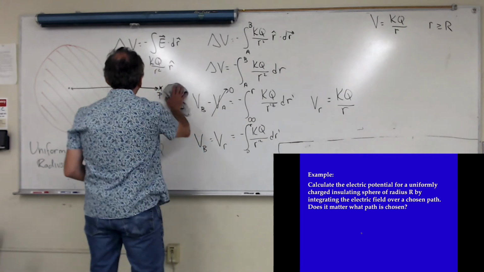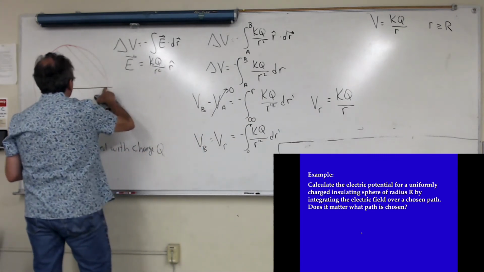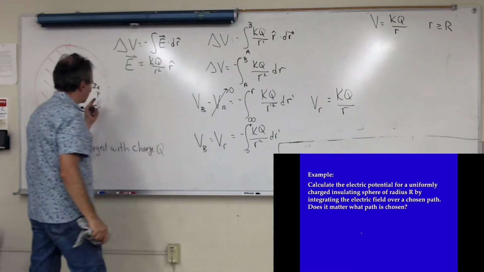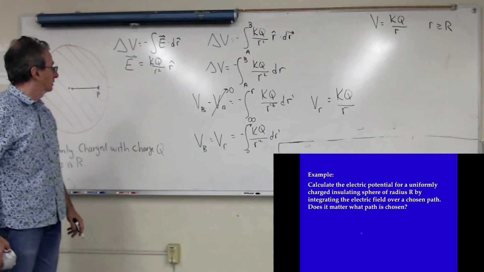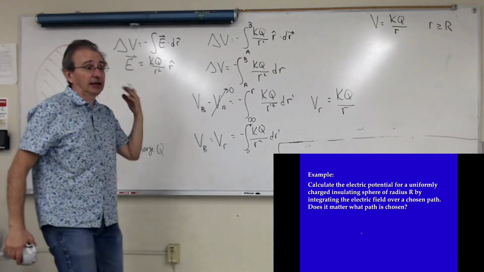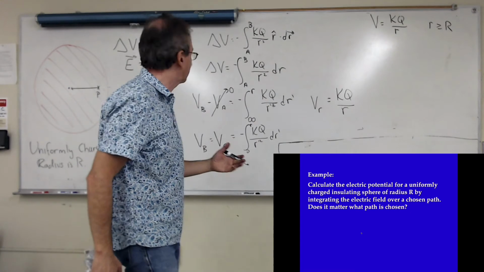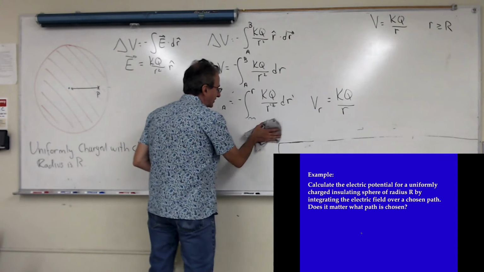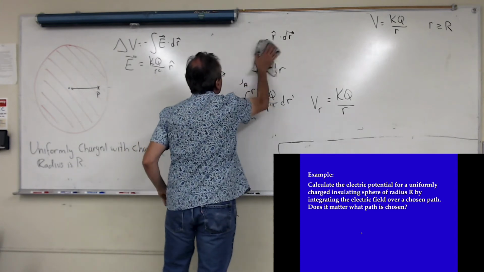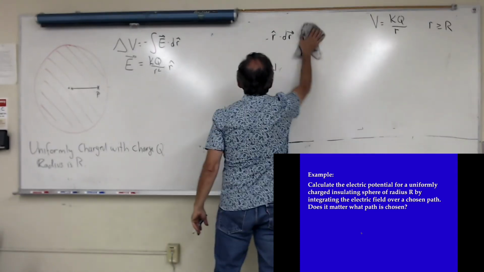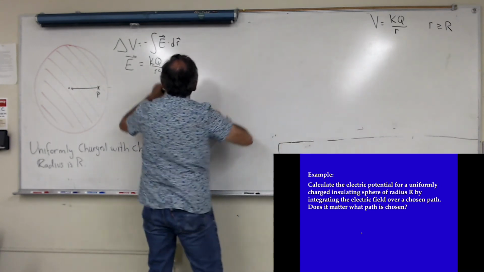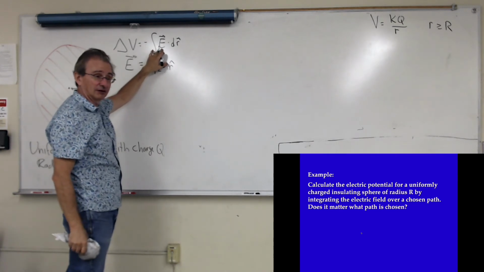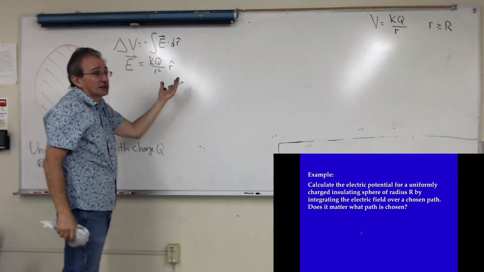Okay, so now what I want to do is find the electric potential somewhere inside there. But the E is defined differently inside, so I have to use a different equation for E. I have to find the electric field inside the sphere. This expression is valid over the region in which E is defined.